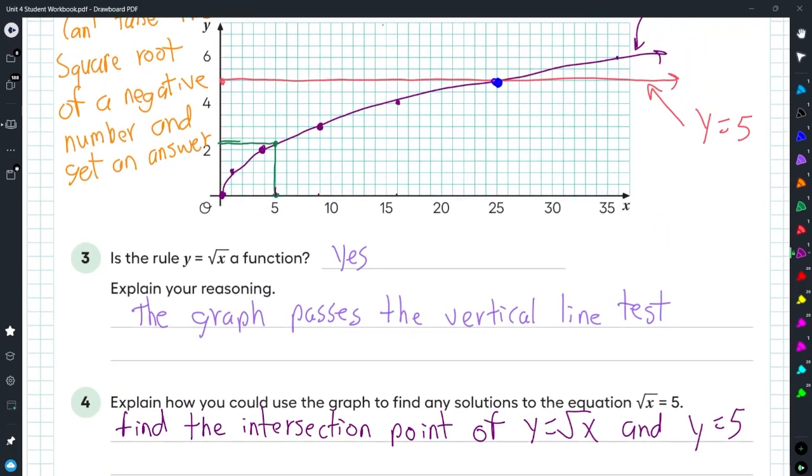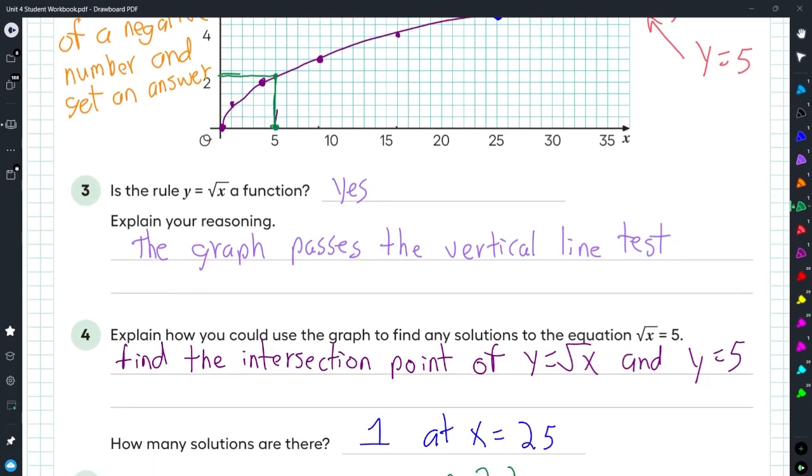So we drew a line from x equals 5, it heads right about there, and that was our y value.